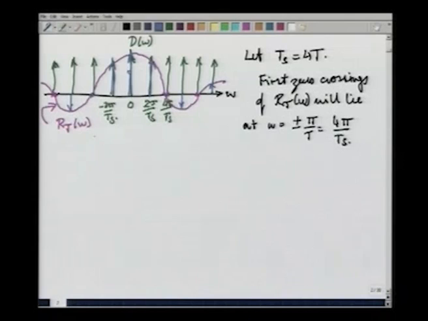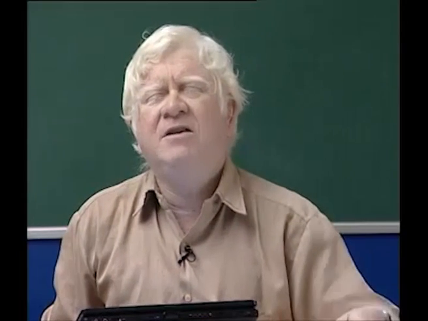So the blue function is actually RT of omega multiplied with d of omega. This is what we have just drawn, as also this, for example, and all the other impulses of various heights in the train. So this is d omega times RT of omega.